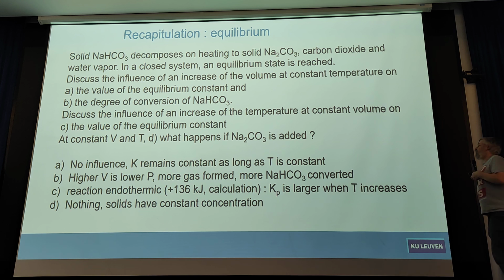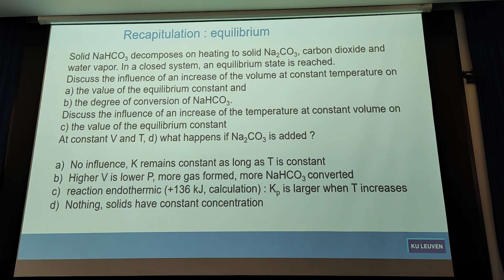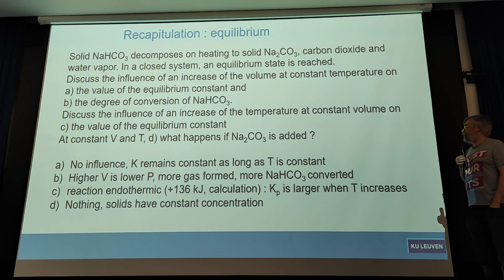So the degree of conversion, that will be changed. Because that is actually concentration, or in this case, pressure dependent. So higher volume means, because of the PV=nRT relation, lower pressure. So more gas could be formed when you have lower pressure.